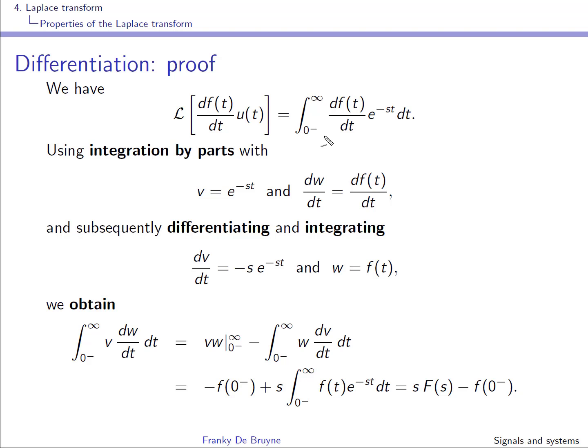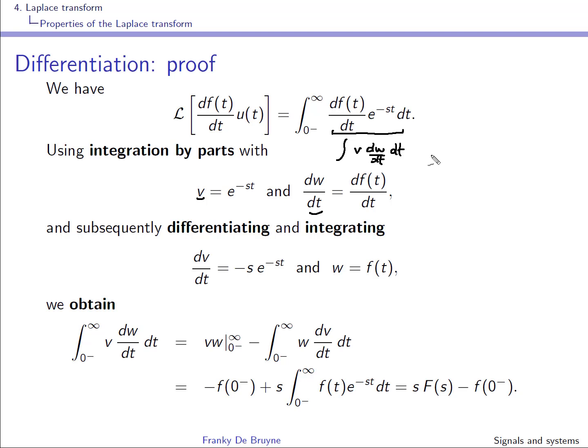I have to put this in the course because it has to be correct in all cases, and this is something that we have to integrate, and we'll use integration by parts for the second time in the course. We'll define v and the time derivative of w, and you can see that this is indeed the integration of v dw/dt times dt.